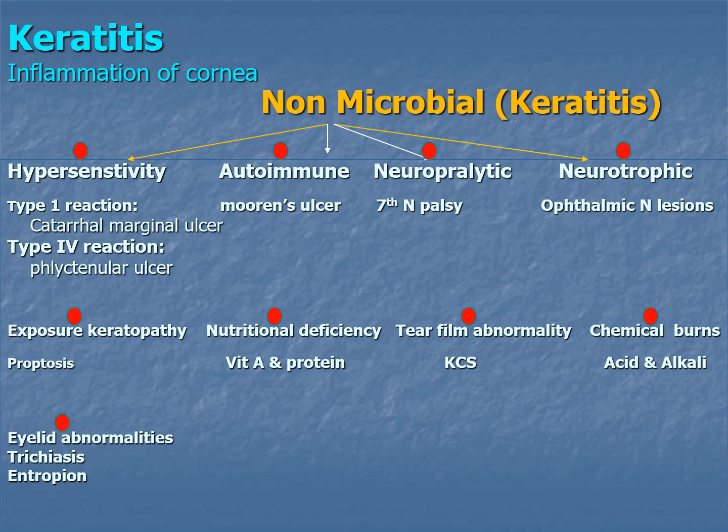It may be due to exposure keratopathy in cases of proptosis due to any cause, or the nutritional deficiency, usually of vitamin A and protein deficiency, or it may be due to tear film abnormality causing keratoconjunctivitis sicca, or it may be due to chemical burns, usually due to acid and alkali, or the keratitis may be due to eyelid abnormalities, trichiasis called misdirectional eyelashes, and the entropion, where the whole of the lid margin is turned inward.